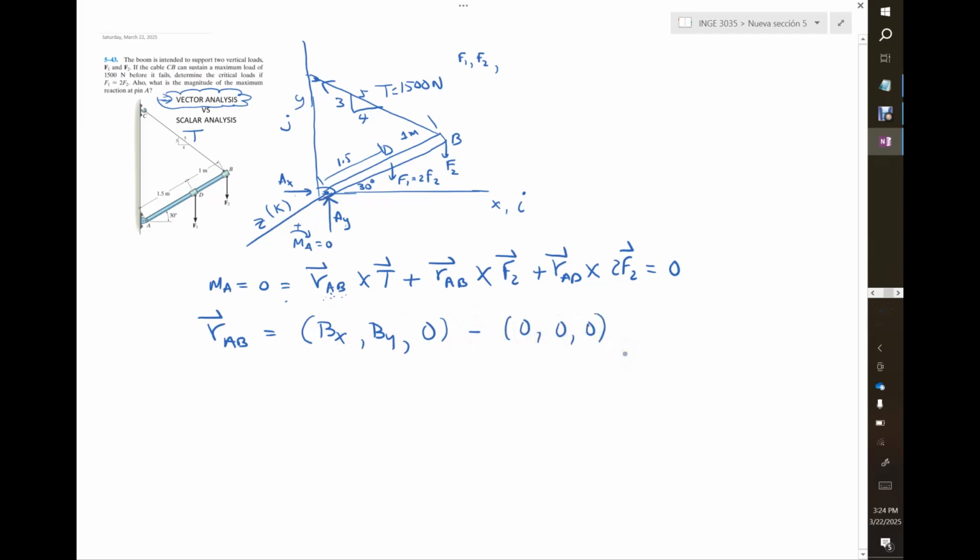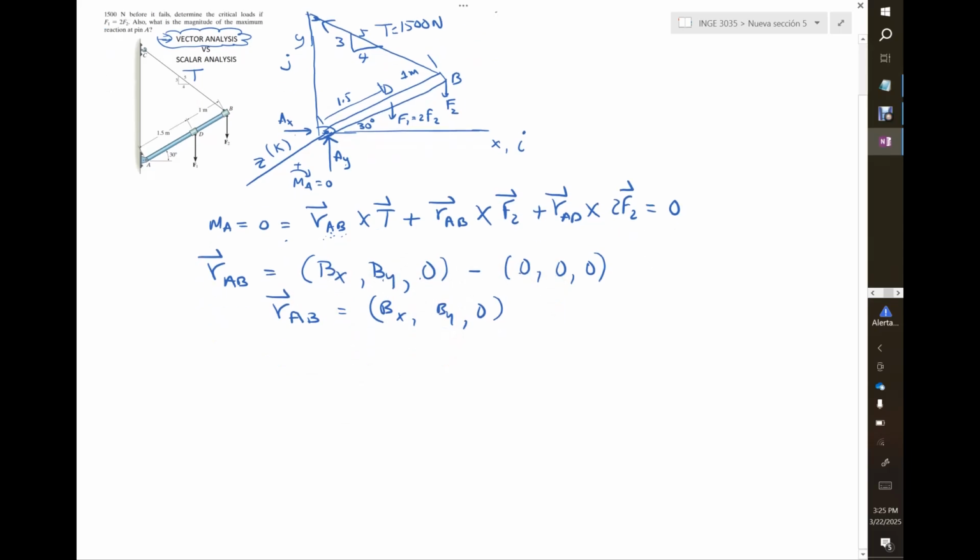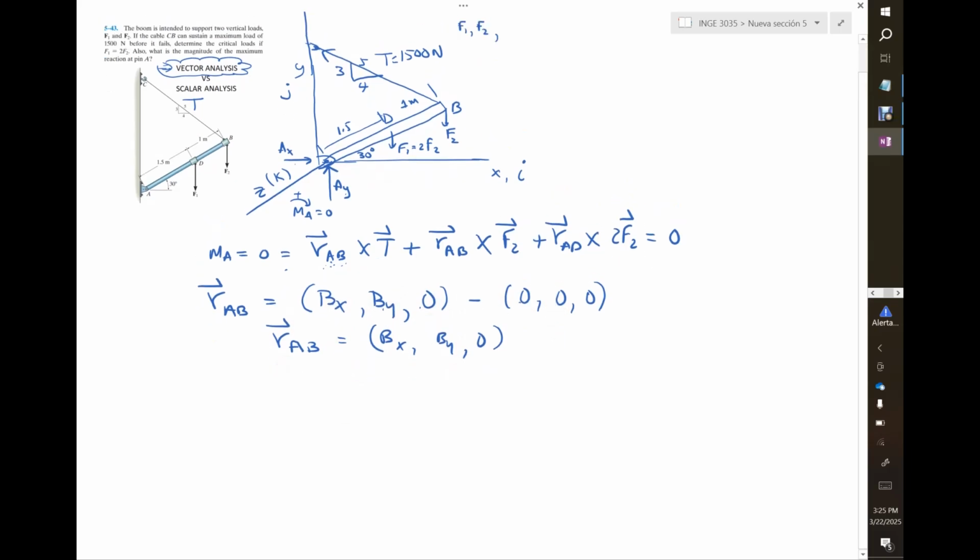With that said, vector AB is basically BX, BY, and 0: this minus this, this minus this, and this minus this. So you have that. Now the question is, what is BX and what is BY? BX is the distance on the X, so this is called BX here. And BY is this distance here.